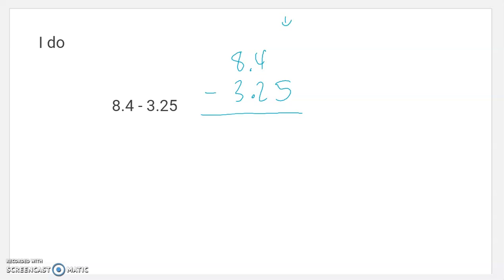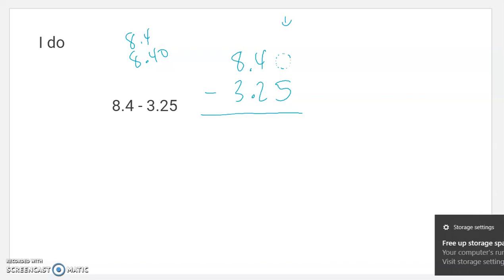What I don't want to do is just say bring the 5 down, because that's not it. I've got to do 0 minus 5 by adding in the 0 here. That is there, but I didn't have to write it. 8 and 4/10 is the same number as 8 and 40/100. They're the same value. So now I can't do 0 minus 5.